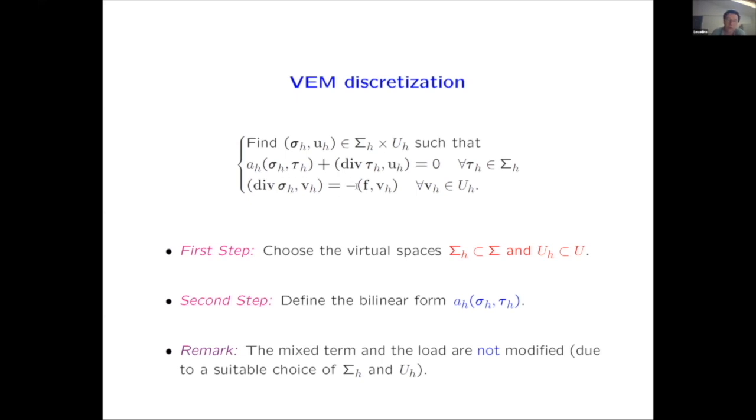This is just a consequence of the choices that we will do for Σh and Uh. Okay, so you have to modify only this part here, of course, provided that you have a good numerical integration rule for polygons or polyhedra in 3D.